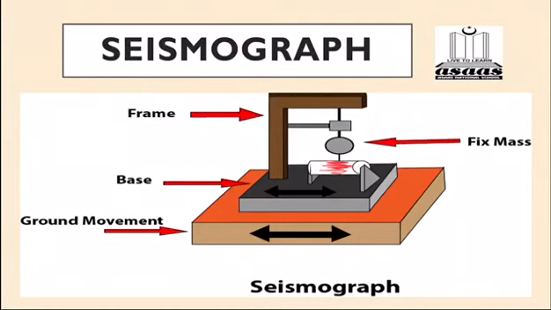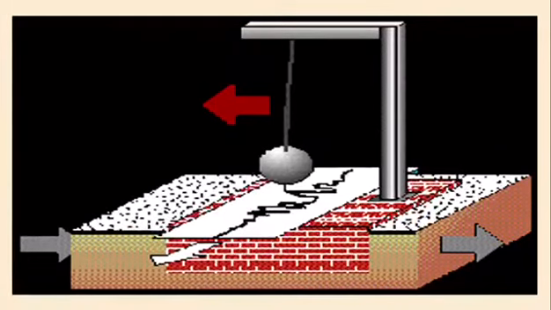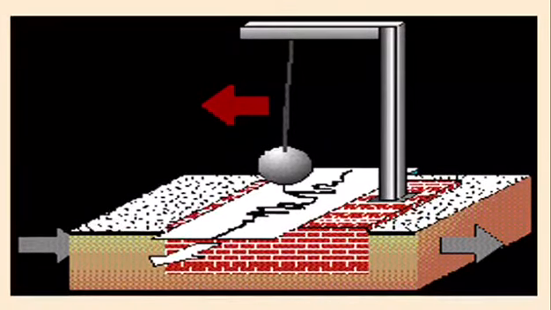It consists of a mass, as you have seen in the video as well, that is attached to a fixed base. During an earthquake, the base moves and the mass doesn't. The motion of the base with respect to the mass is commonly transformed into an electrical voltage, as you have seen in the video.